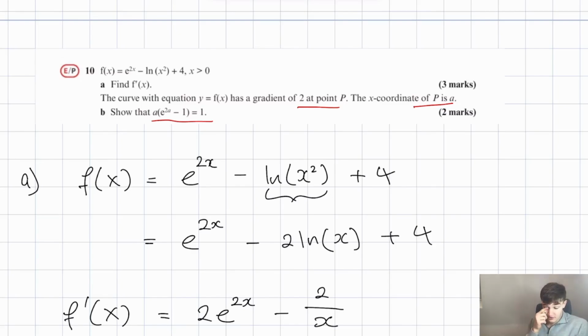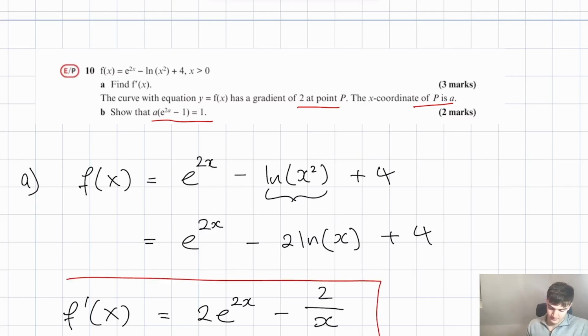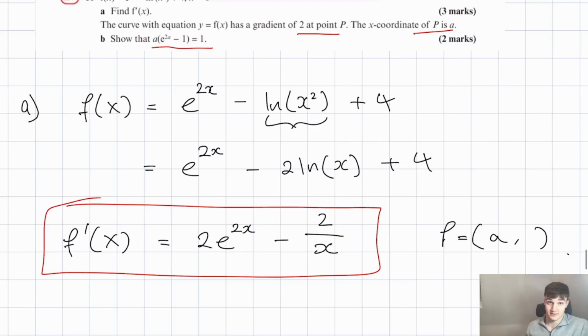Okay, so if we don't know exactly what to do here, the best thing we can do is just start using the information that it's given us. It's telling us that we have a gradient of 2 at point P. Well, we have the gradient function now. Point P has an x coordinate a.